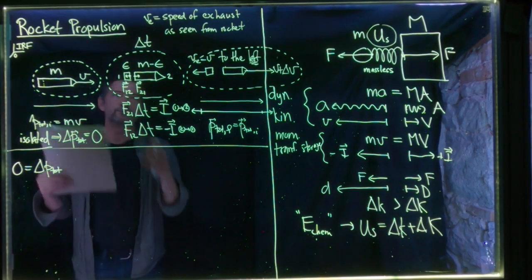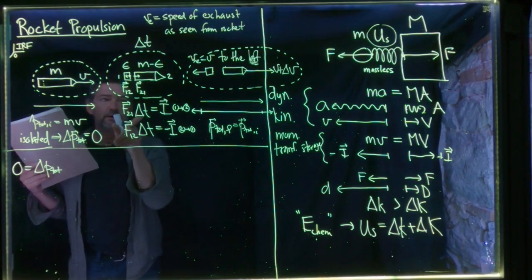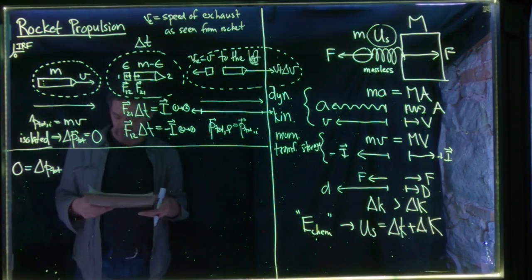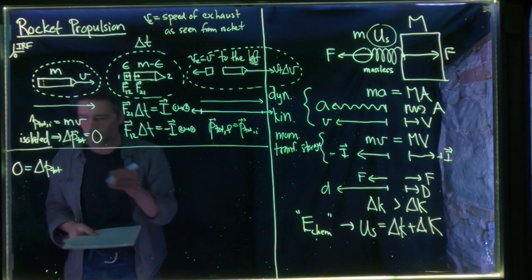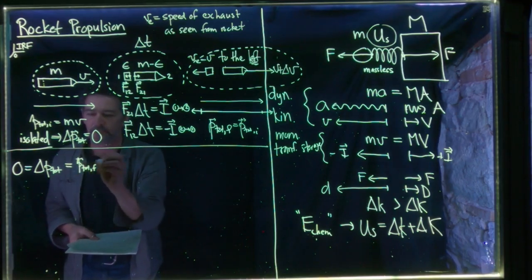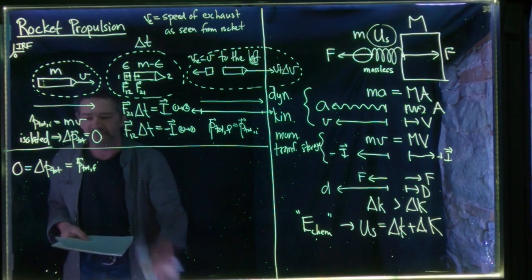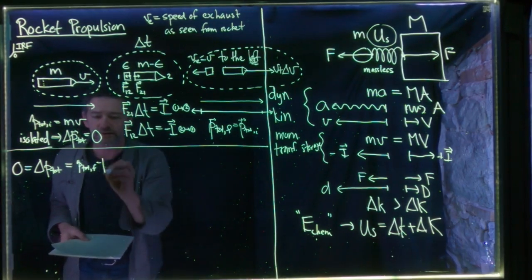In this case, all the momentum is just in the positive x direction, so we can drop the vectors and just deal with the x components. So delta P total is equal to 0. That's P total final, the x component, minus P total initial.